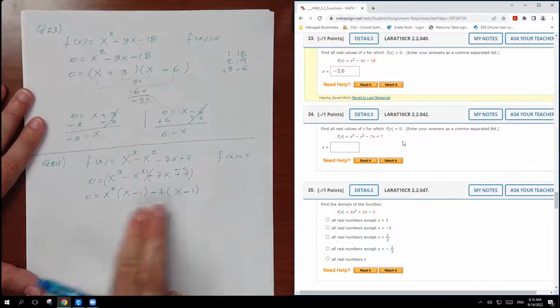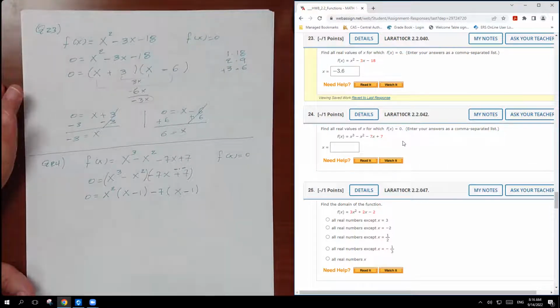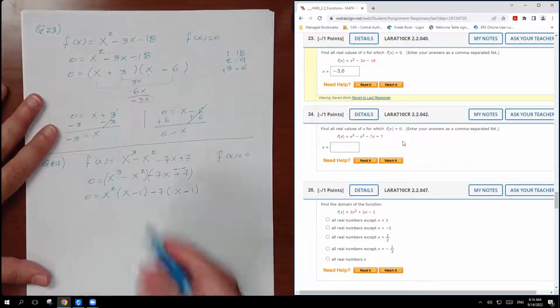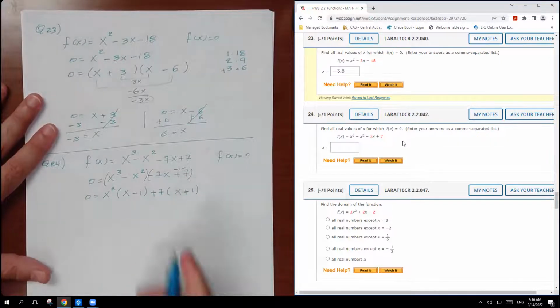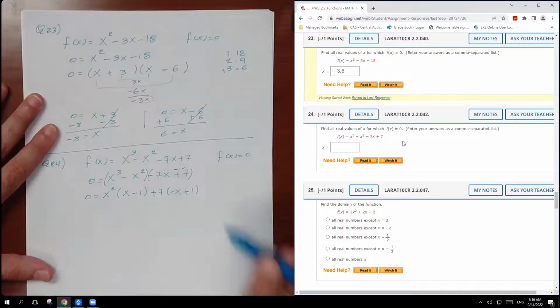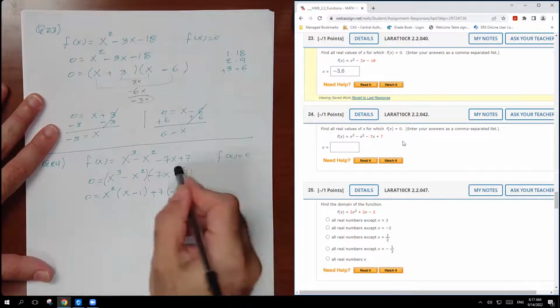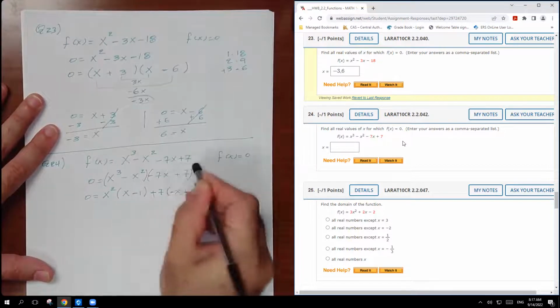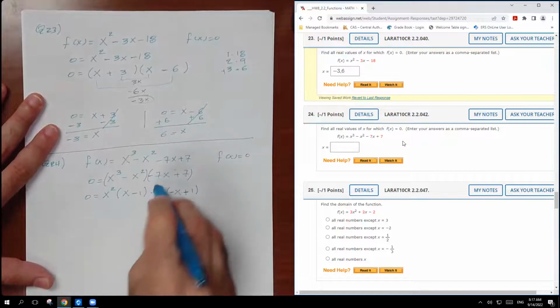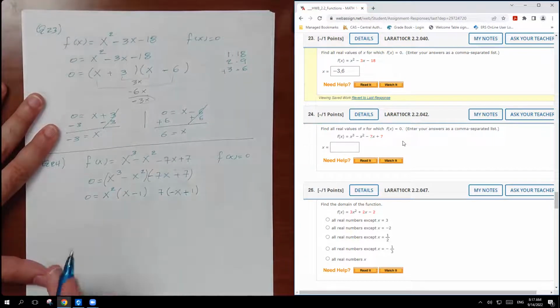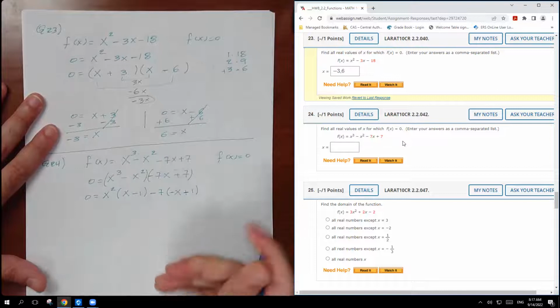Now we have exactly the same parentheses. The easiest way to do that, I'm going to show you now. This is positive, and here is negative. Let's show you how it's going to be easier. If you got two different parentheses, what are you going to do? I'm just going to change the sign here from positive to negative.